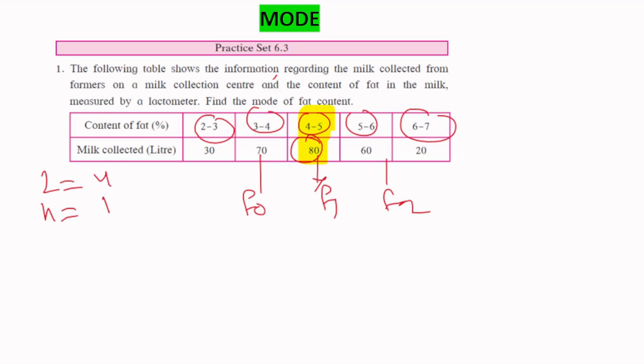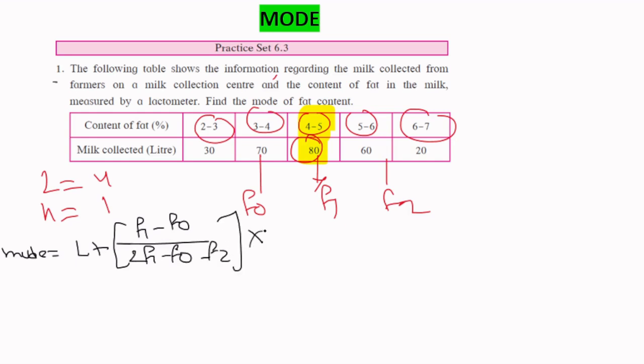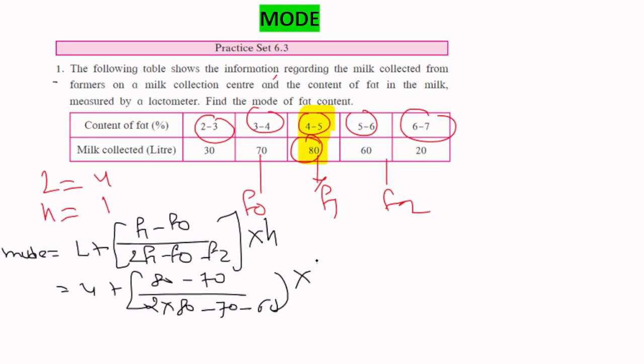Now substitute in the formula. Which formula? The mode formula. Mode is equal to L plus, in bracket, f1 minus f0 over twice f1 minus f0 minus f2, into h. Substitute this: L is 4 plus f1 minus f0. f1 is 80, f0 is 70. 2 into f1, so that is 80 minus 70 over 160 minus 70 minus 60, into h which is 1.